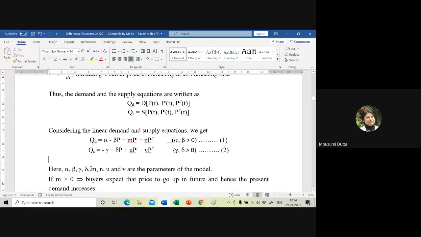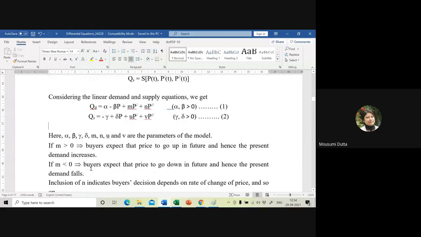Now, one by one, we will indicate the meaning of positive m, negative m, n, etc. If m is greater than 0, this implies buyers expect that price will go up in future. If m is positive, buyers expect that the price will go up in future and hence the present demand increases.